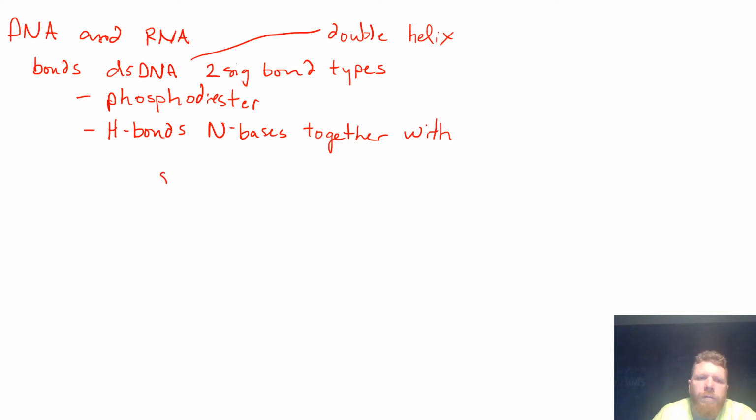You're going to start on our 5' end, and what we have here is a phosphate that, let's see, CH2. I'm going to draw the sugar pretty succinctly. And then on our 3' end, we have another phosphate.